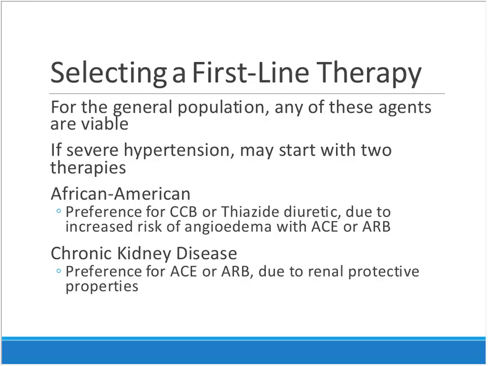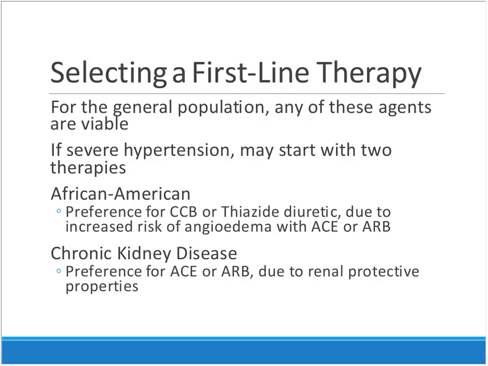And honestly, for the general population, any of these agents are very viable. And if we're dealing with a patient that has severe hypertension, we can start with 2 therapies simultaneously. A lot of these medications are available as combination products, and typically they're combined with hydrochlorothiazide for the most part.